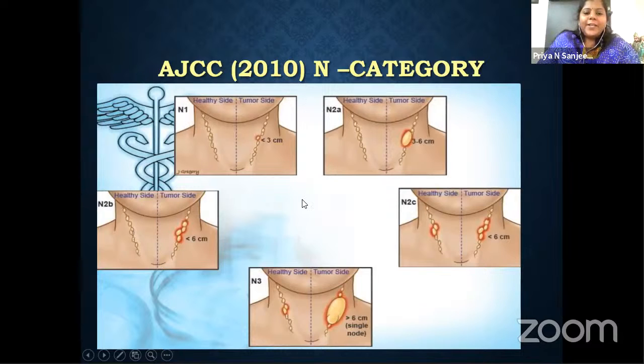In the 7th edition, N category was mentioned as N1 to N3, where N1 was ipsilateral group of lymph nodes involved with less than 3 centimeters. N2A was again ipsilateral, the dimensions were more. N2B was multiple, but again ipsilateral. N2C bilateral, less than 6 centimeters. N3 was more than 6 centimeters.